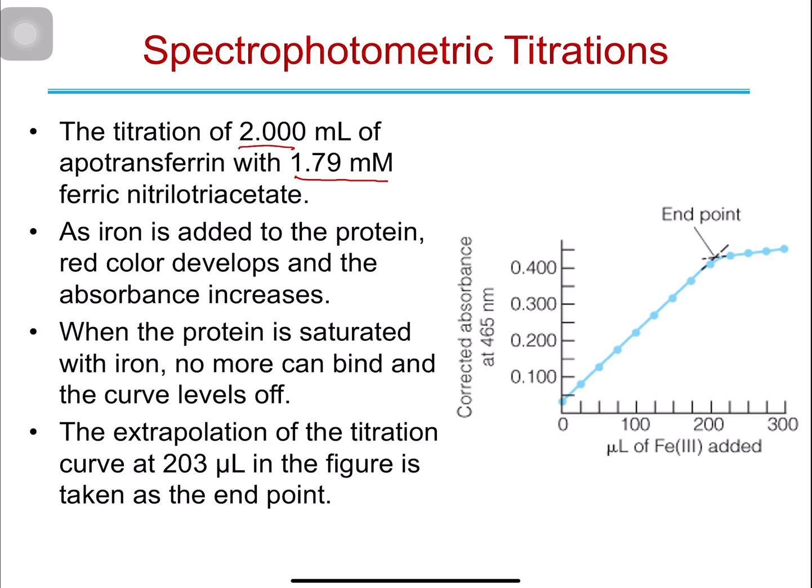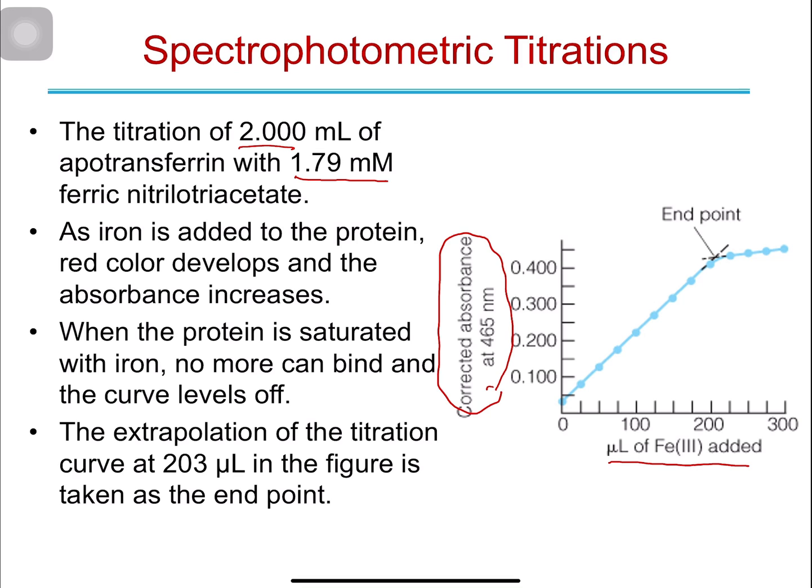Once we add the ferric, it will bind with the apotransferrin and make the colored complex, and the red color will develop and then we will see absorbance. And then we start to plot the microliters of iron added against the corrected absorbance at 465.